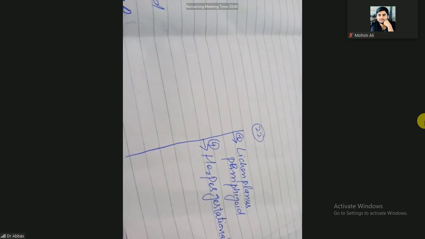So all these four disorders are due to defect in BPAG2.